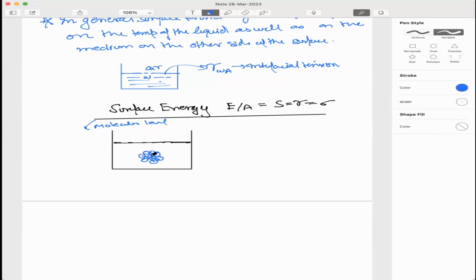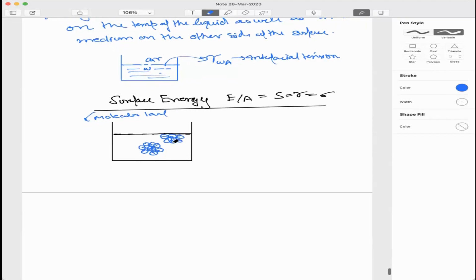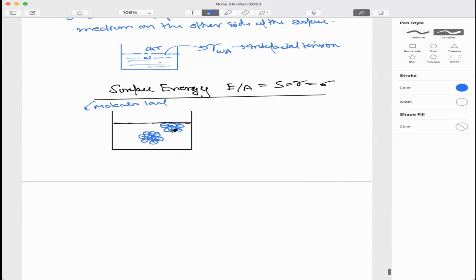But if you track this molecule at the surface, almost half of the molecules are not there.